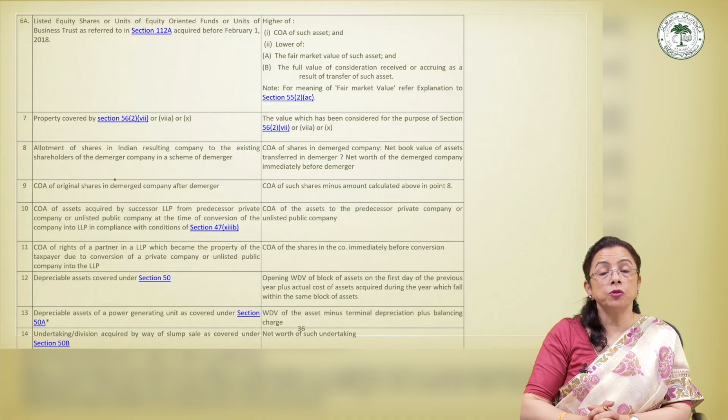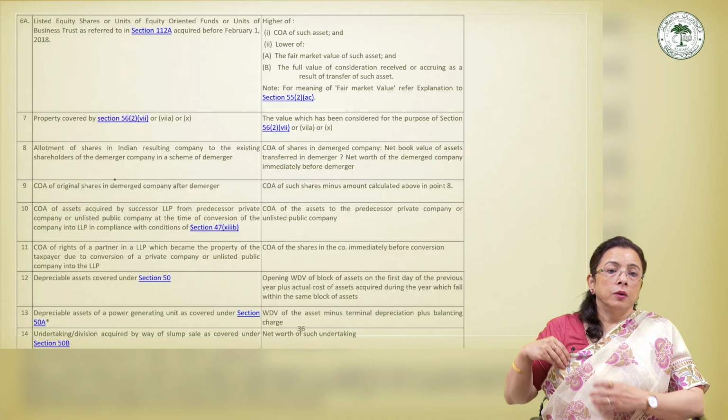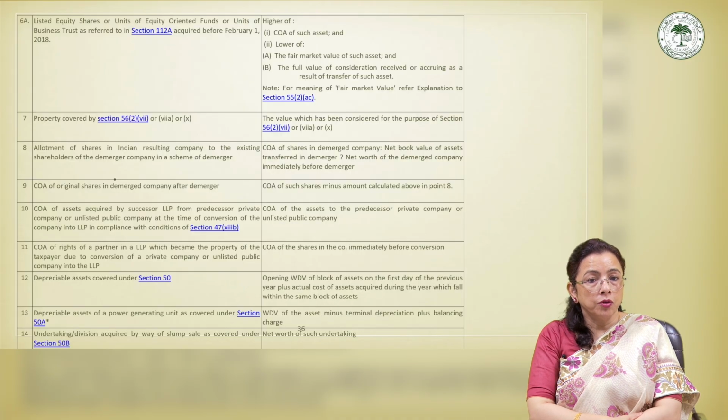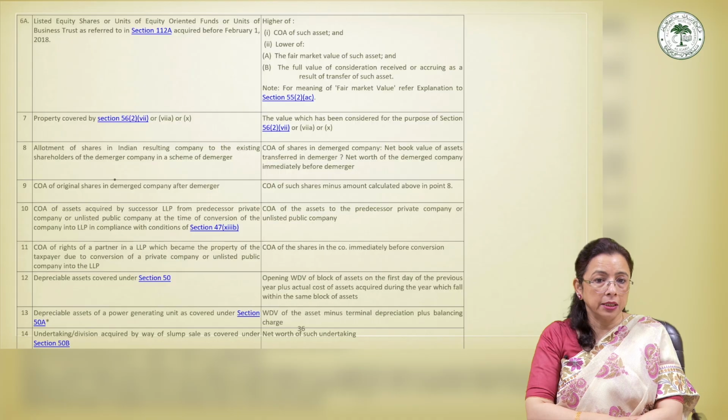For example, suppose gifts of immovable property, or shares received below fair market value. Or another situation can be money or property received without adequate consideration.